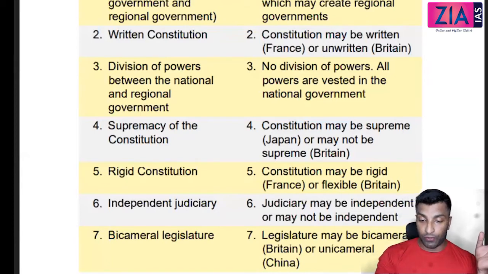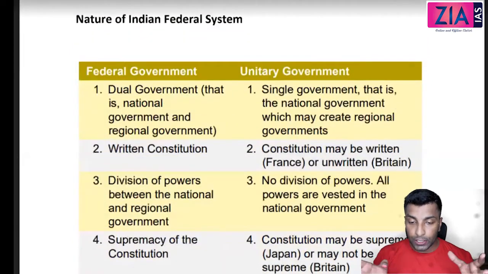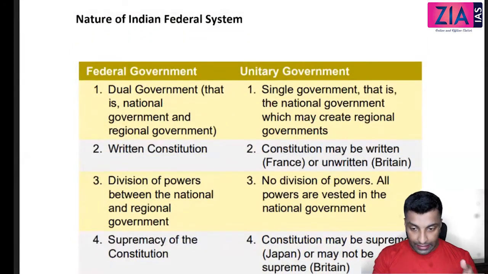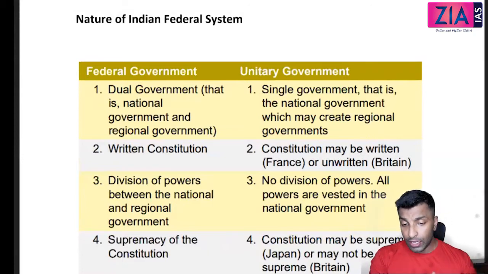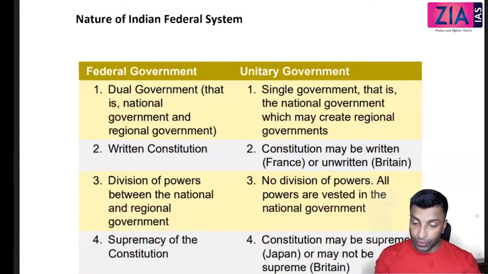If you look from a theoretical perspective, a federal government has to have this setup, and a unitary government has to have that setup. But now when we look from the perspective of the Indian constitution, you will see some of them showing federal tendency, some of them showing a unitary setup. So we need to discuss all these in detail, then things will be very clear.